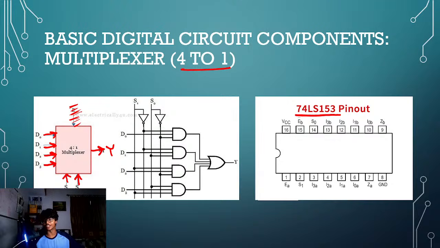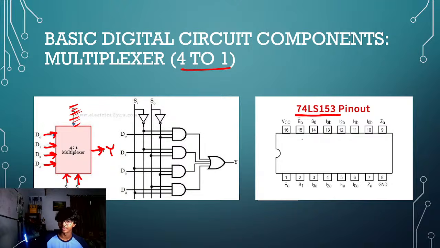Now, in the real world IC, which is called the 74LS153, what do you have? Let's see. So this IC has 2 4:1 multiplexers. I'm going to talk about only one of them.